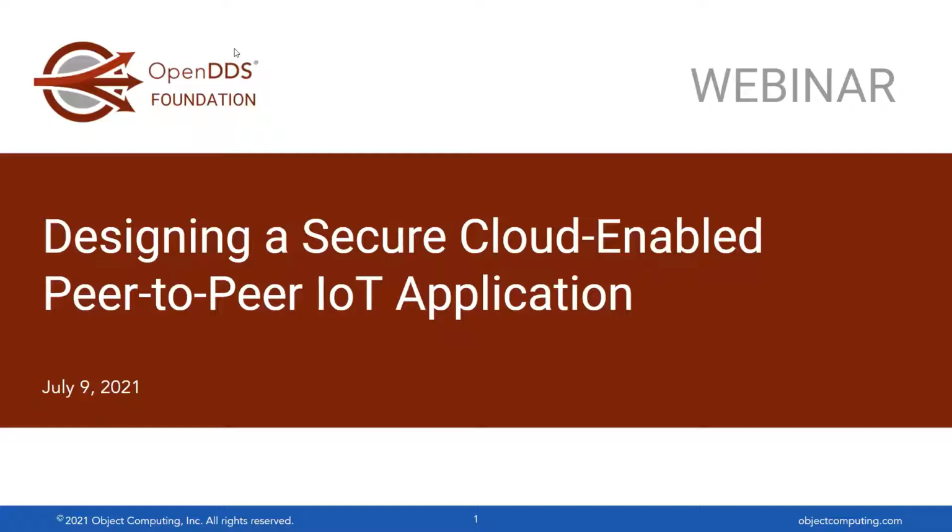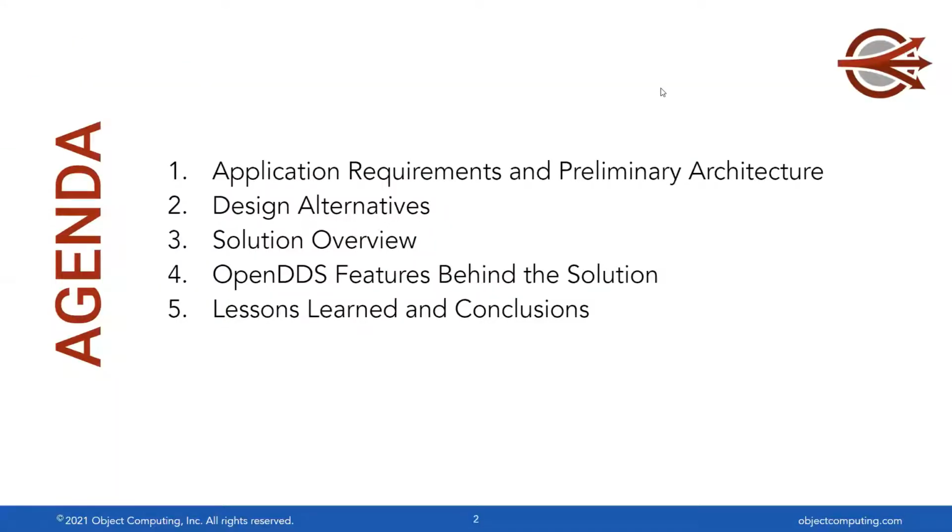All right, thank you very much, Jen, and thanks everyone for joining us. So here's our agenda for this presentation. We're going to look at the application requirements and preliminary architecture. So what is it that we need to build for? And then in step 2, design alternatives.